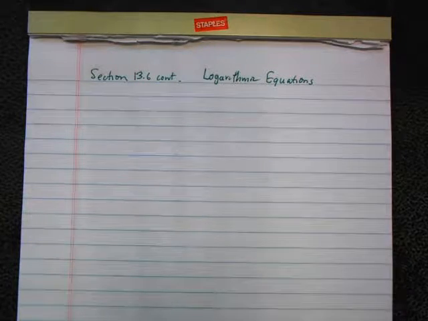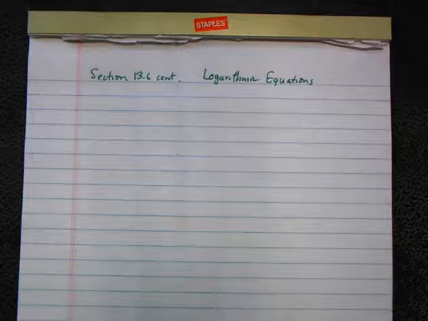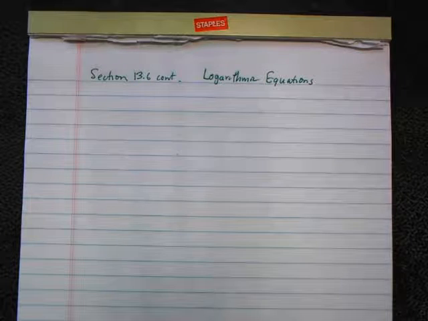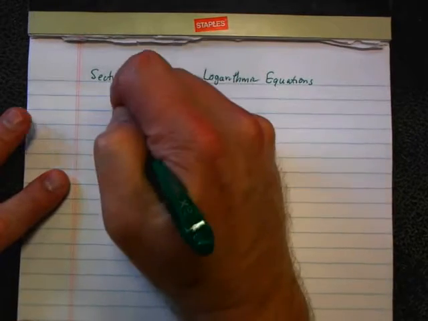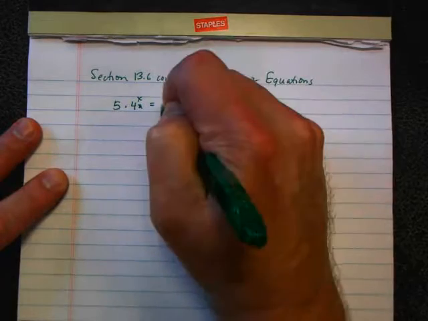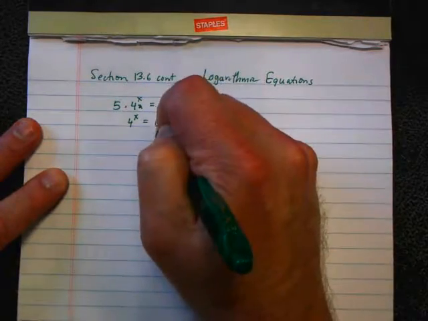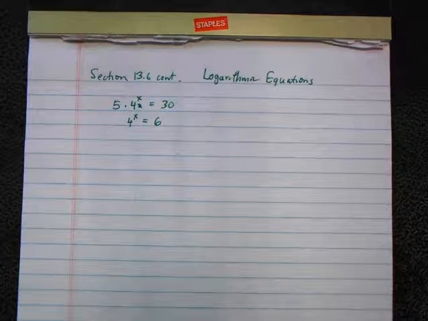We learned how to solve exponential equations. And how did we solve them? We got the exponential piece alone. So if we had something like 5 times 4 to the x equals 30, we got the 4 to the x alone first. And then you attack it with a logarithm.